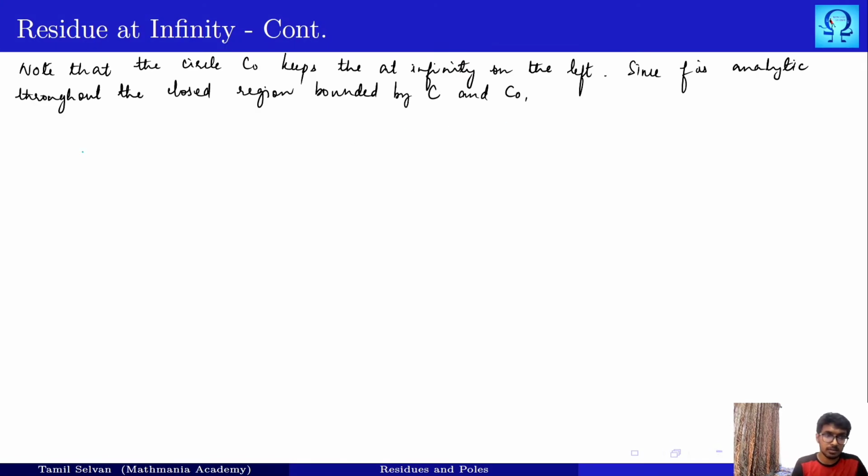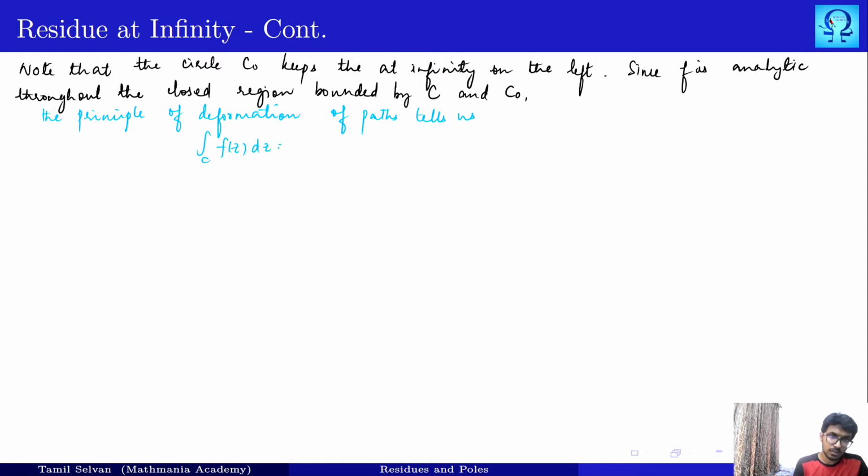So by the principle of deformation of paths, the integral over C of f of z dz is minus the integral over C naught of f of z dz.